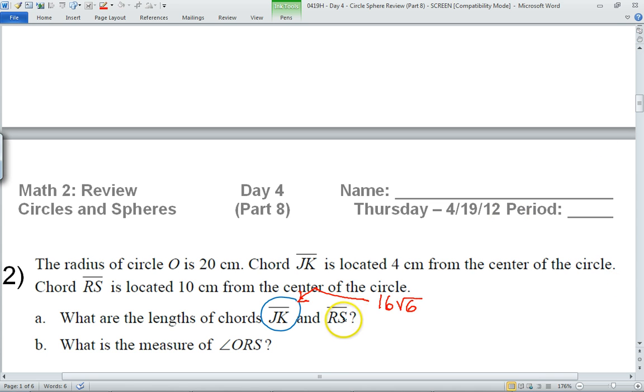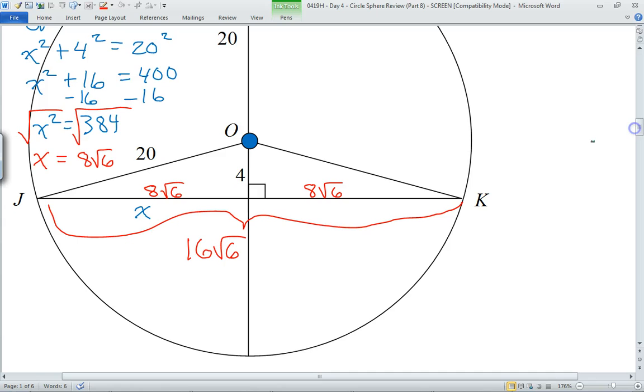We're supposed to find RS. I'm going to leave that for the next picture. In fact, let's go ahead and discuss. RS is located 10 centimeters from the center of the circle. So I should draw pretty much the same picture as before, but instead of drawing RS 4 centimeters from the center, I'm going to put it further down, 10 centimeters from the center.